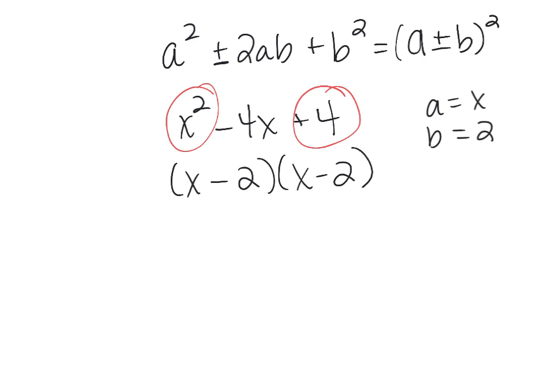But you don't really have to know this, because you could just factor this one normally. What multiplies to 4 and adds to -4, and you get the answer. So, this special type of factoring is always going to be that repeated factor, but it's just not as important to have memorized.